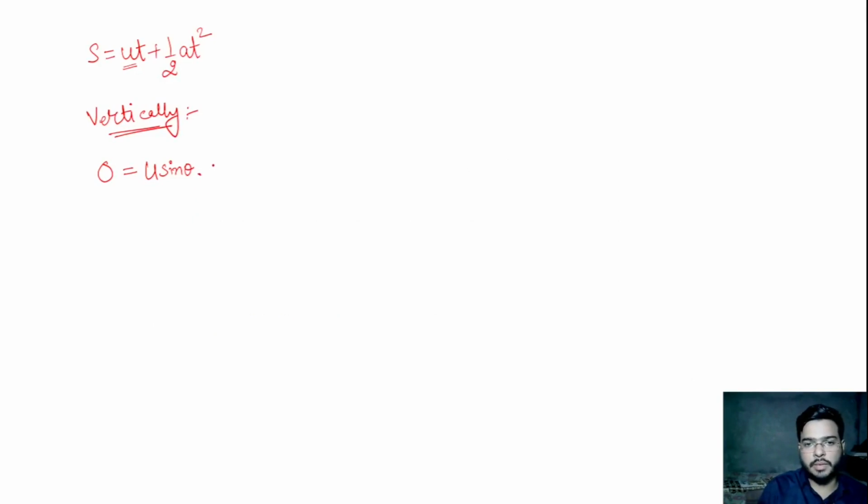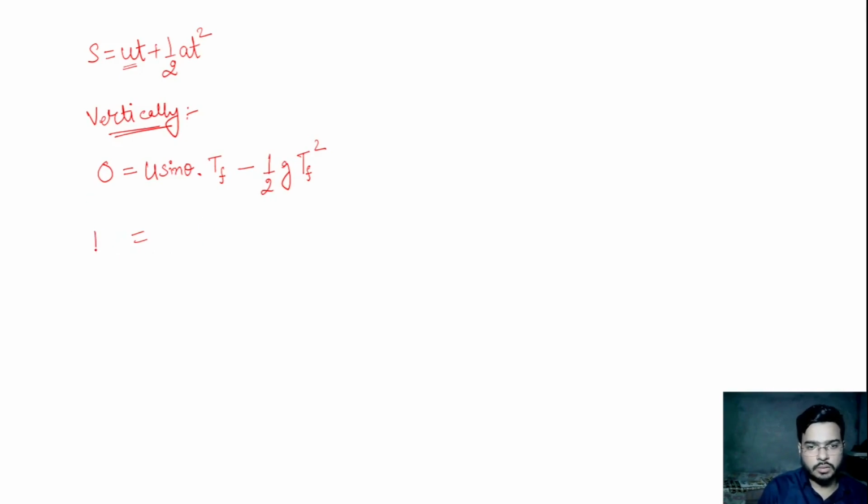T means the complete time of flight. Now this is 1 by 2, and a in the y direction is minus g, and t again is tf, the whole square. Now just solve this and rearrange it correctly.